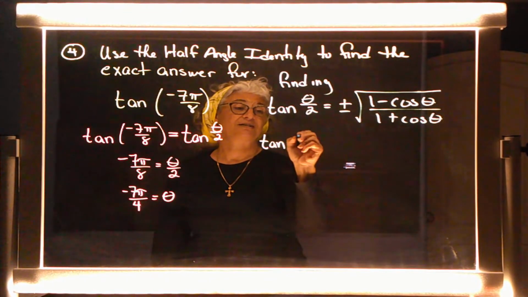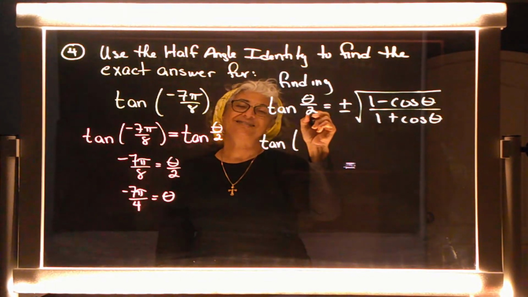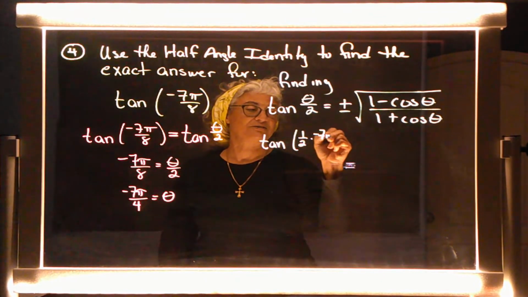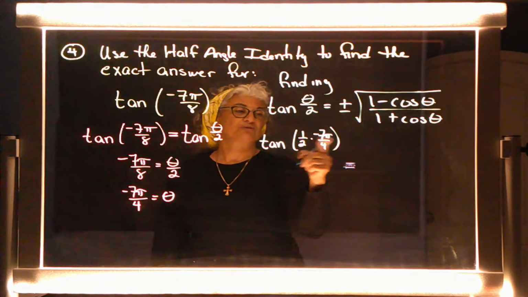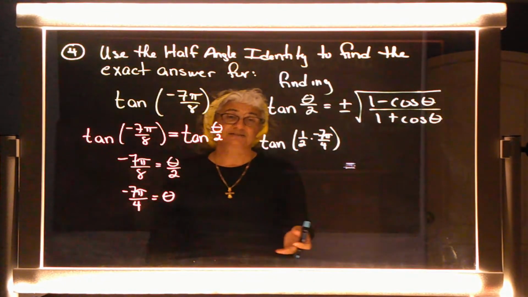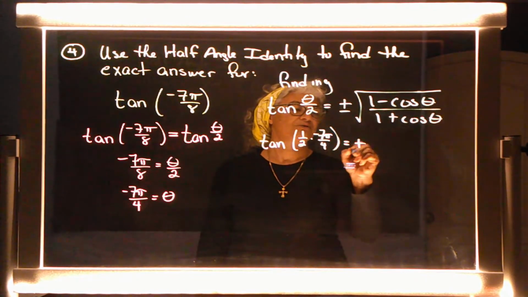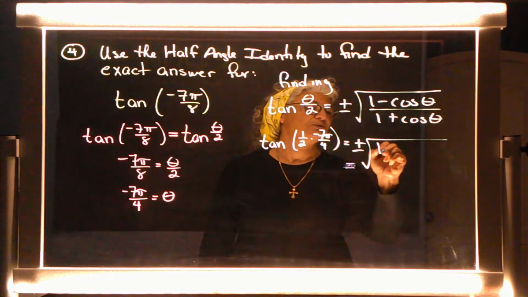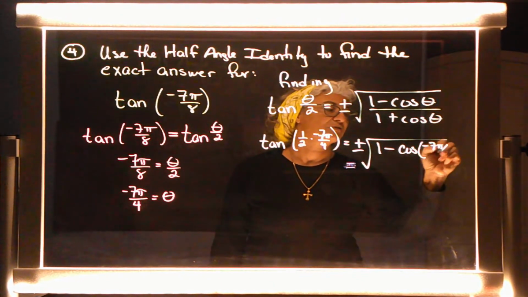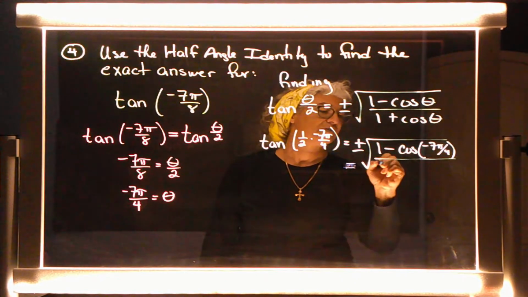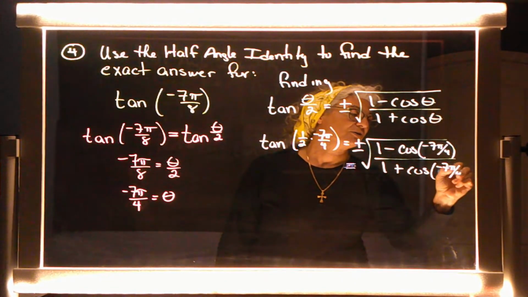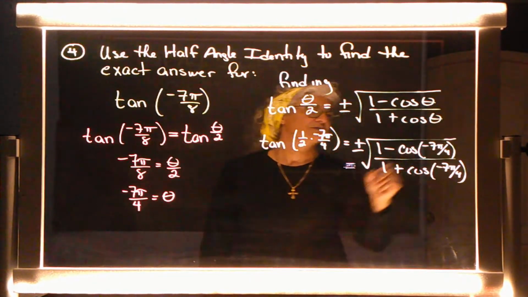So the tangent of, and instead of saying divided by 2, I'm going to say multiplied by a half. Why? Because it's easier for me to see. Because if I literally multiply these two, I get the negative 7/8 pi, right? Okay, plus or minus square root and cosine of negative 7 pi over 4 on both thetas, because that's what we found theta was, negative 7 pi over 4. Cool?